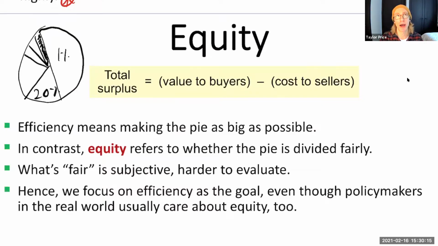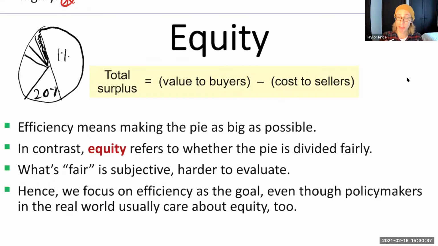And this is why in economics specifically, it's kind of a hard discussion, because fairness is subjective depending on who you're talking to. Fairness is something that people have different ideas of what is fair. And so that's one of the reasons why economics tends to not focus on equity.